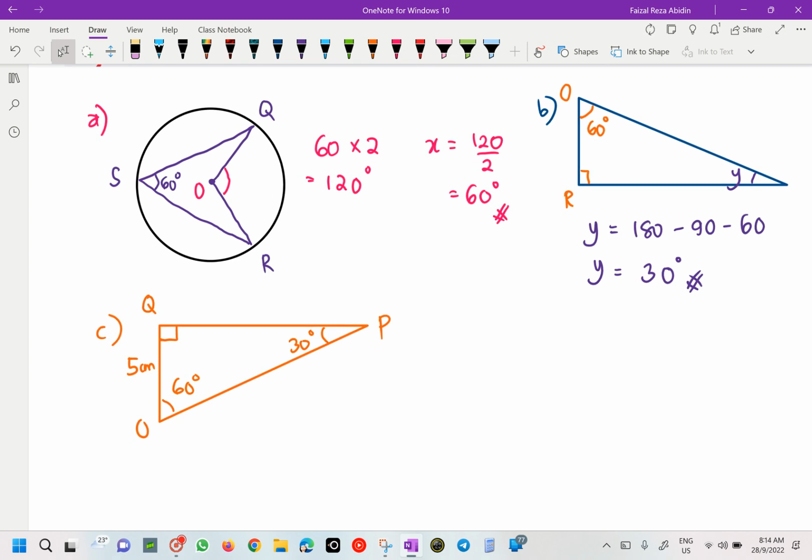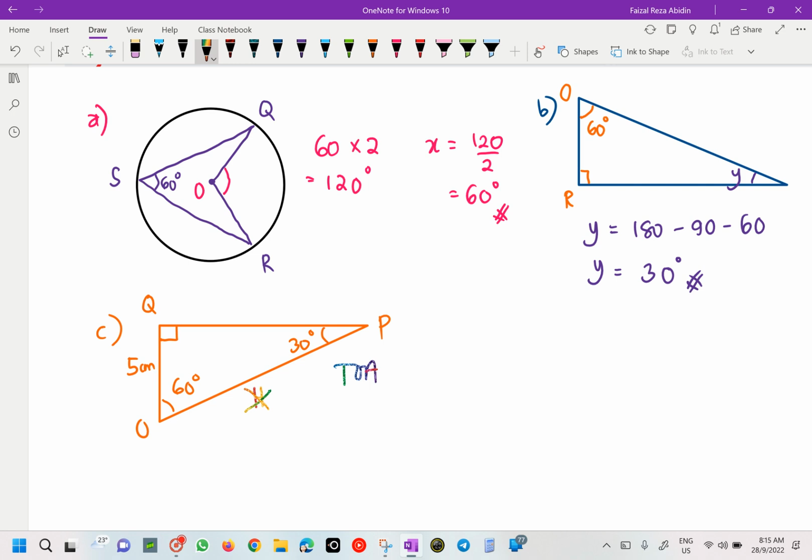So, if we are going to find from the right angle triangle over here our PQ, PQ is what? That one depends on the angle you are going to take. Okay. So, if you look over there, we didn't have our hypotenuse. So means that we are not going to use SOH and CAH, cross out. So what is left here? Yes, you are going to have TOA. Okay, so you have two angles there.